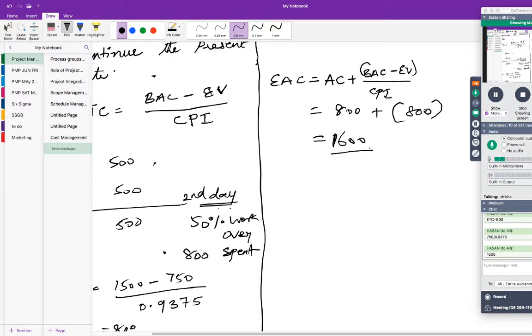Actually there is another easy way of calculating EAC. There is another formula for the same scenario. Here you are dividing it into two pieces: AC is your present money spent, and this part, BAC minus EV by CPI, is the money you would spend for the rest of the work.